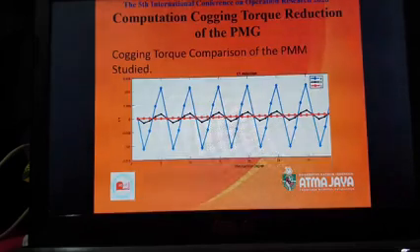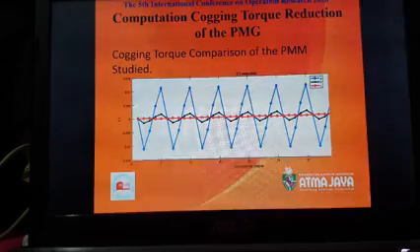The comparison of the CT peak values of the 3 PMGs studied is presented in this picture.